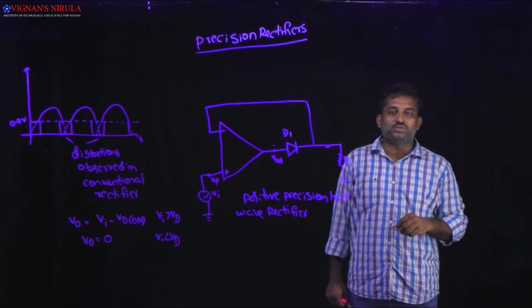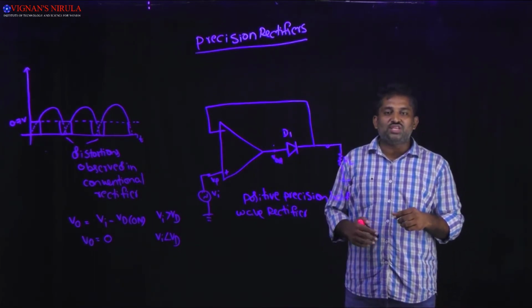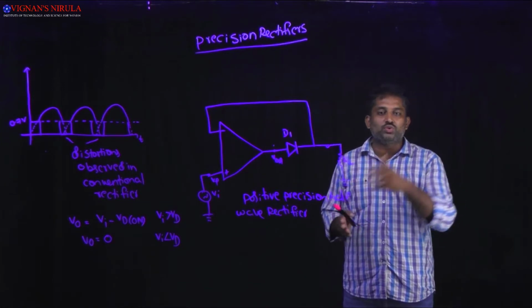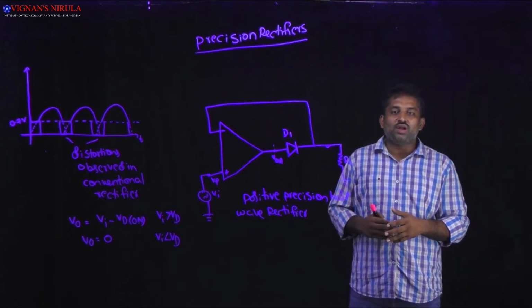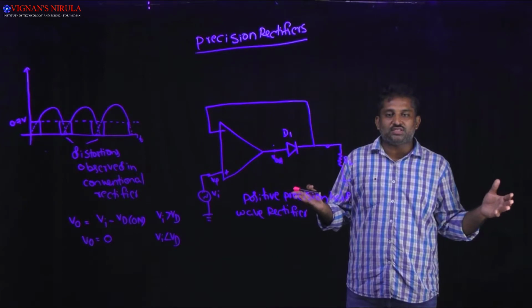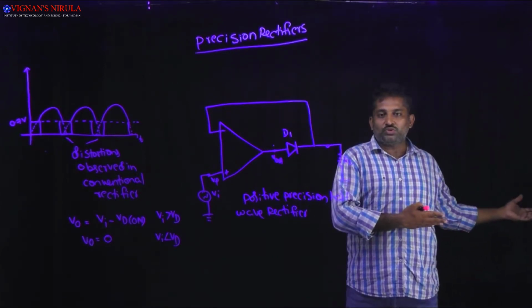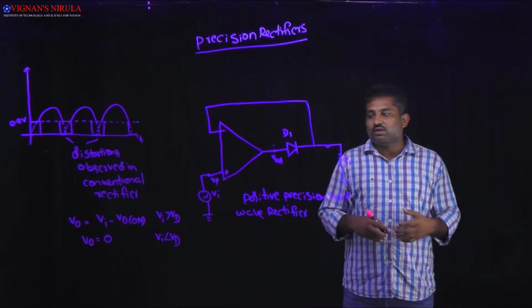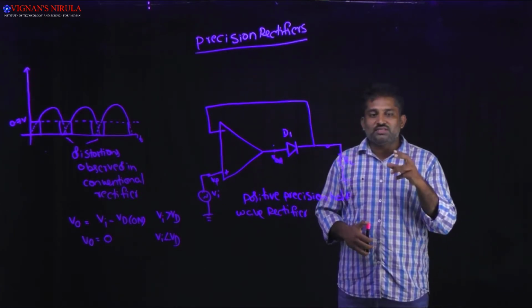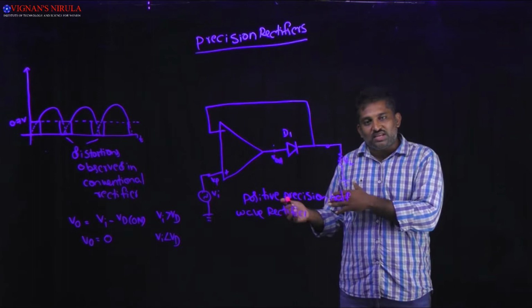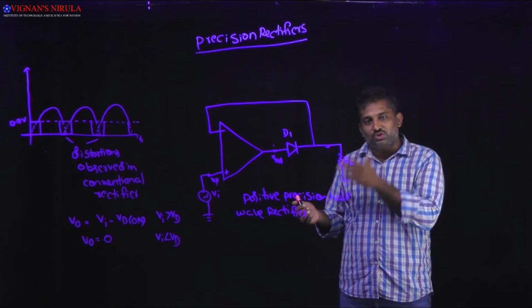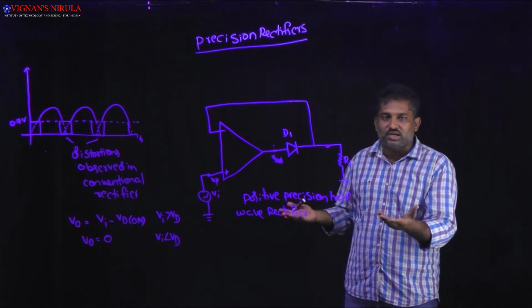Why? Because if there is any change in the input voltage from 0 to 0.7, we will not get any output voltage at the output of the rectifier. So these are the main disadvantages.